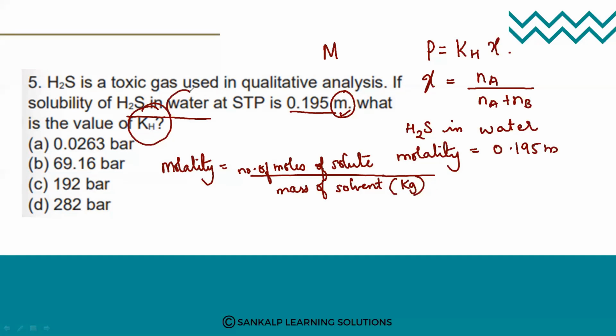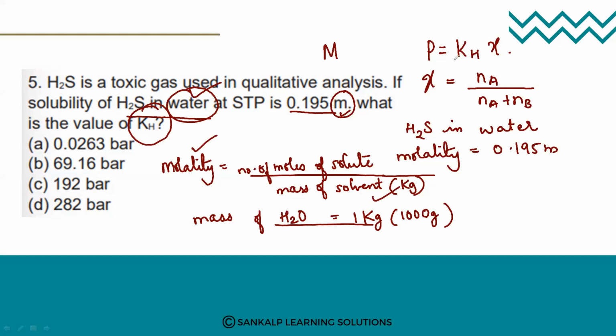H2S in water, so the solvent is water, so the mass of water will be 1 kg, that is 1000 grams. Right? 1 kg is equal to 1000 grams. Now, molality is given. We have to find out the number of moles. We know the mass of the solvent, right?